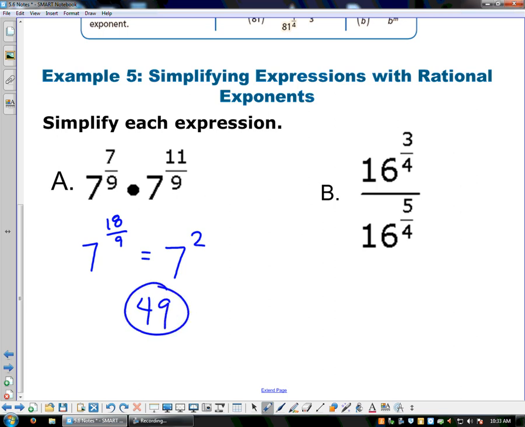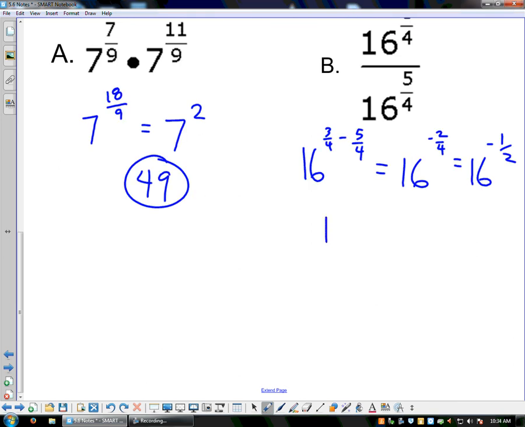How about over here? This is going to be 16 to the 3/4 minus 5/4, because I'm dividing two numbers with the same base. So that's going to be 16 to the negative 2/4. That's 16 to the negative 1/2 if I reduce. And remember, what do negative exponents mean? It means 1 over the same base, but to the positive exponent.